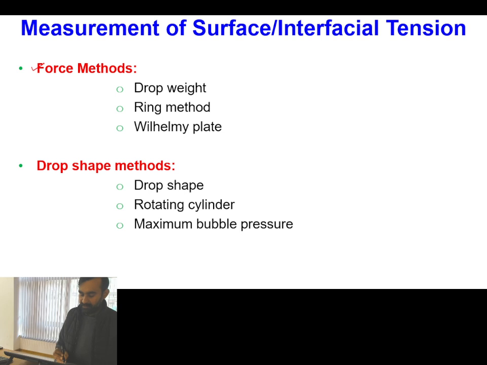The first category is force methods and the second category is drop shape methods. In force methods, the sub methods are drop weight, ring method and Wilhelmy plate method. In drop shape methods, we will be talking about pendant drop shape, rotating cylinder method and maximum bubble pressure method.